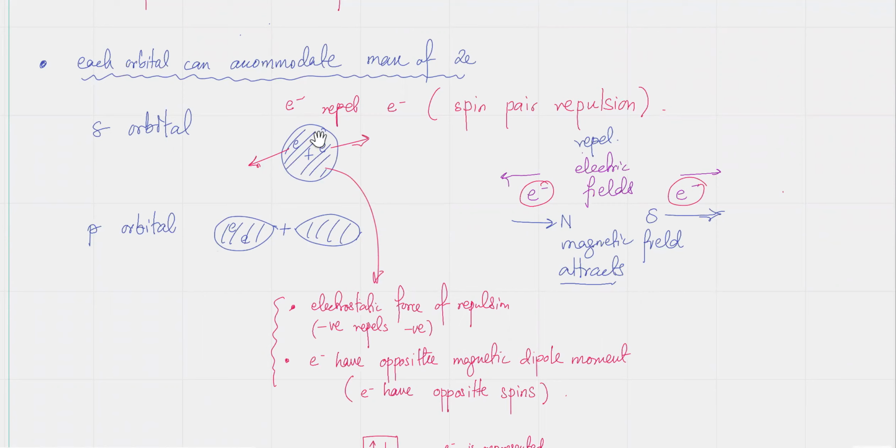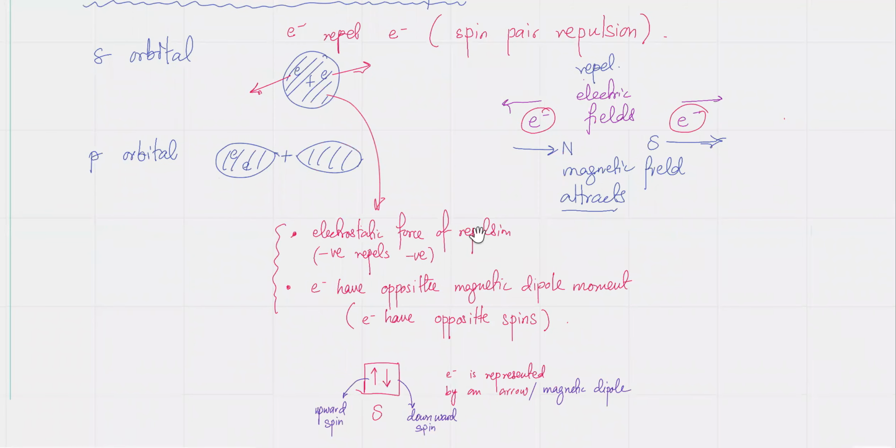But the 2 electrons don't just have an electric field, they also have an accompanying magnetic field. And the magnetic field attracts. The magnetic field should be opposite. If one electron has a north pole, the other electron should have a south pole. So the magnetic fields of the 2 electrons should attract.